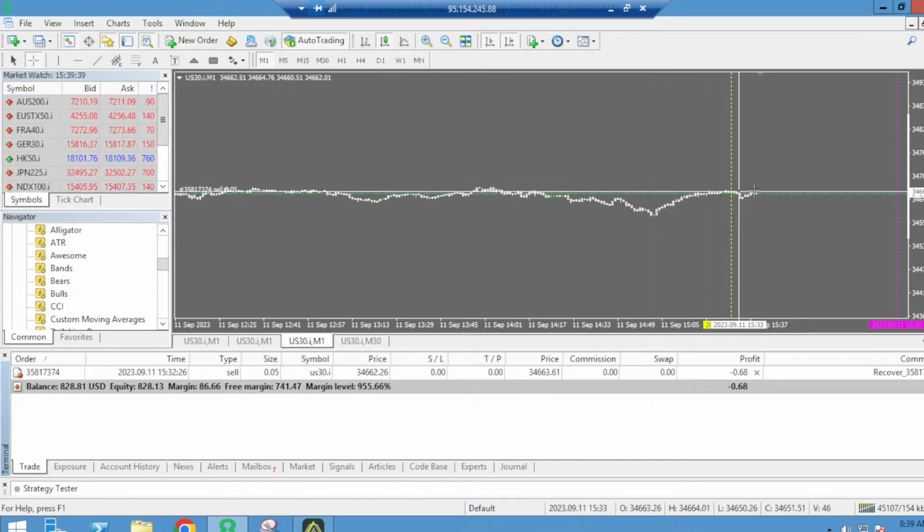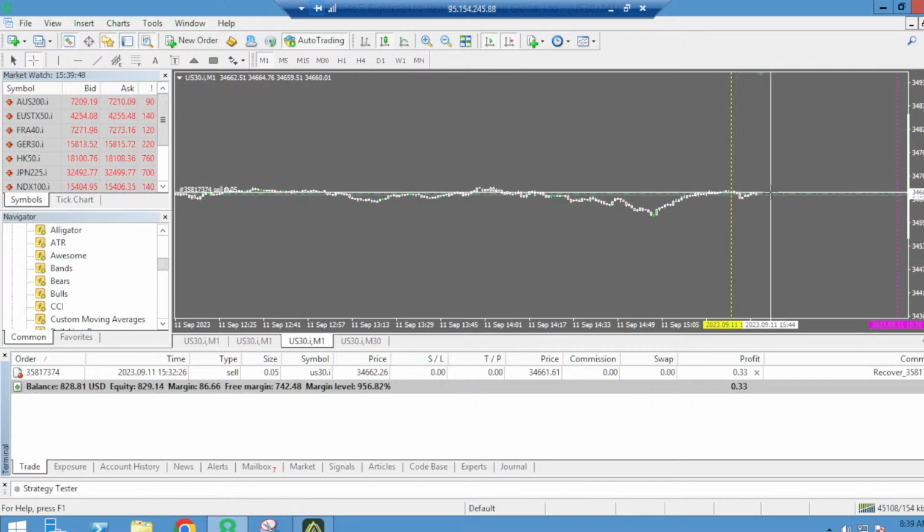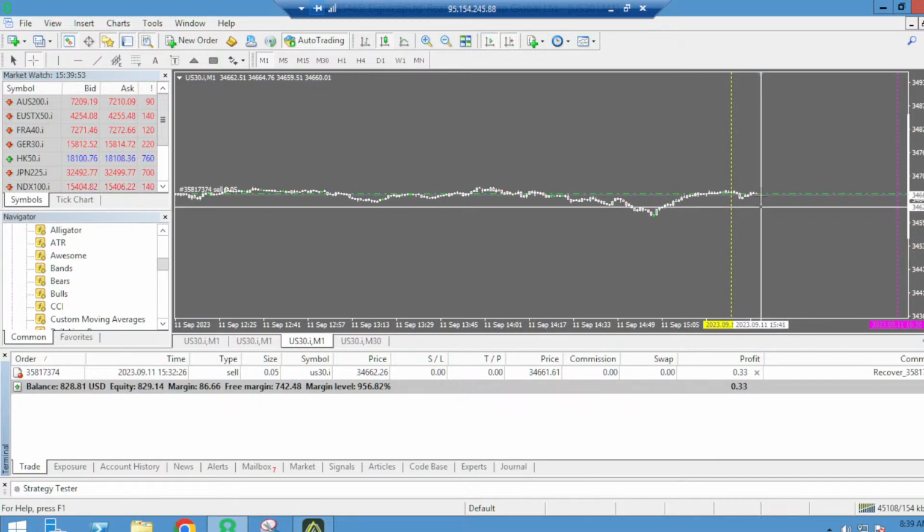So this is the corrective part of the market. Maybe this may be all of the correction and price continues moving to the upside, or maybe it continues correcting in this area before moving up. There's also the possibility of it reversing from this level.